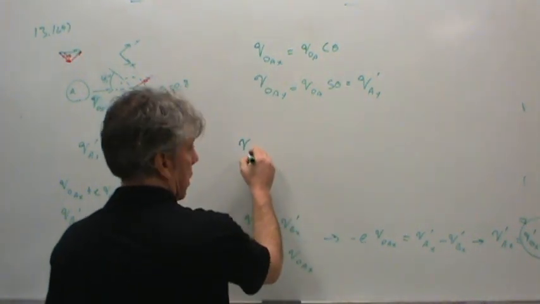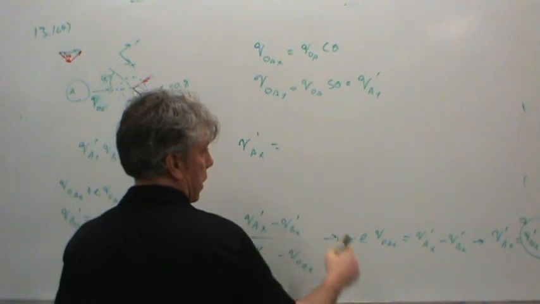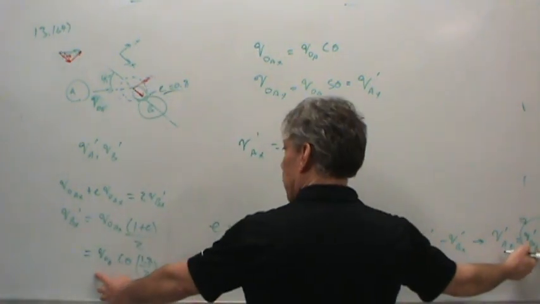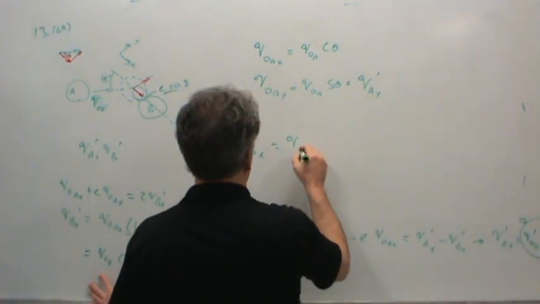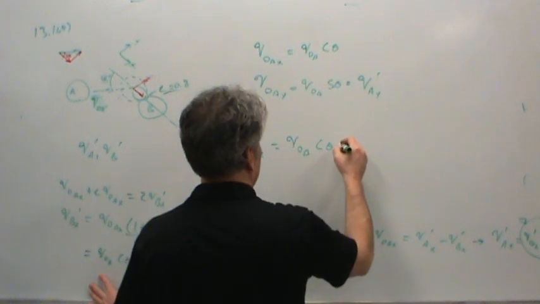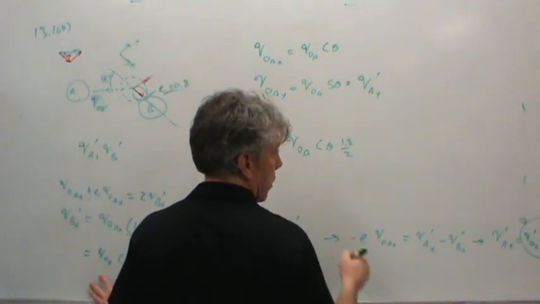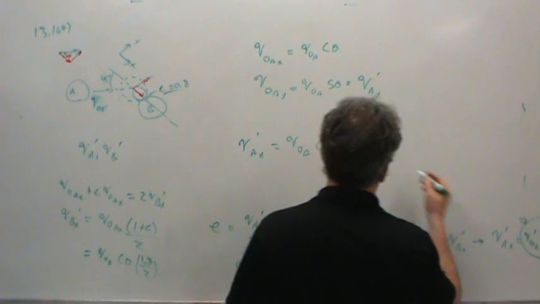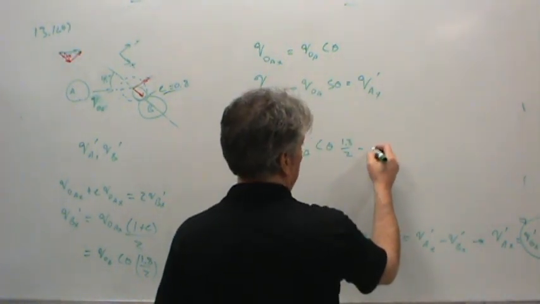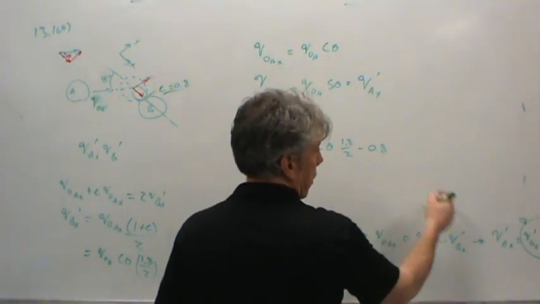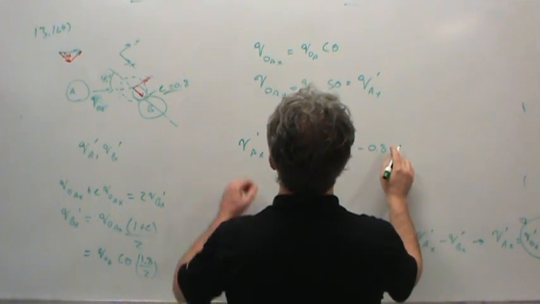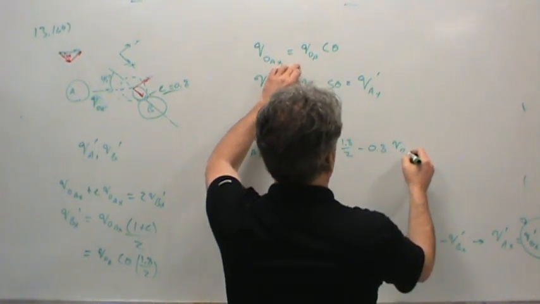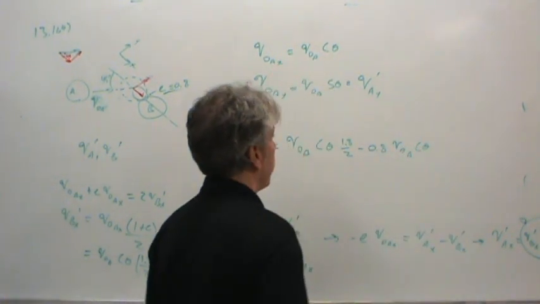So V A x prime is V B x prime, well that's just this, V naught A cos theta times 1.8 over 2, that's this term, minus E, I'll go ahead and substitute 0.8, V naught A x. Well, V naught A x is V naught A cos theta.